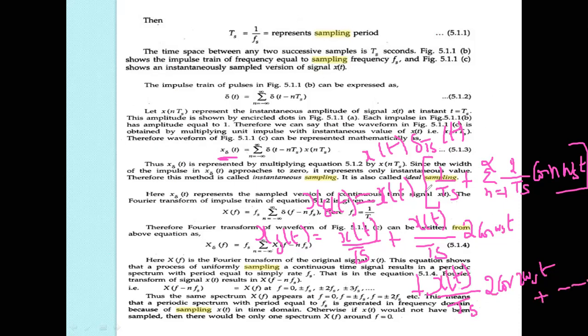What is the next one again? x of t into 2 by Ts cos 3 omega s t and so on.